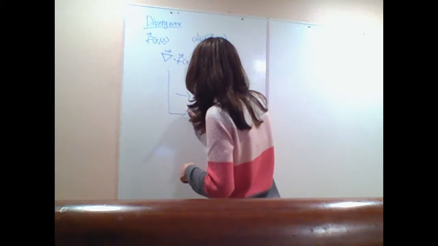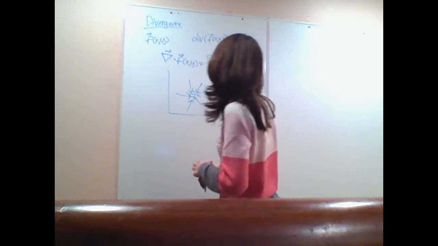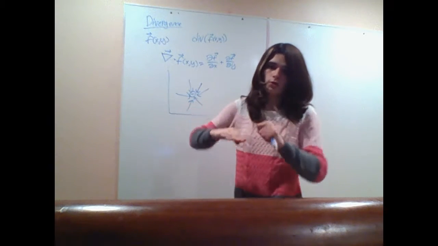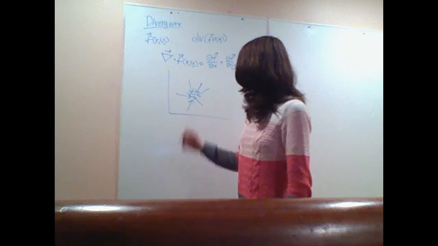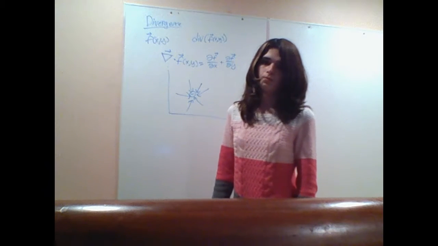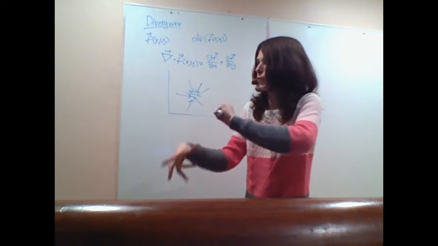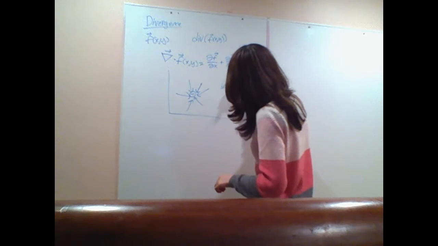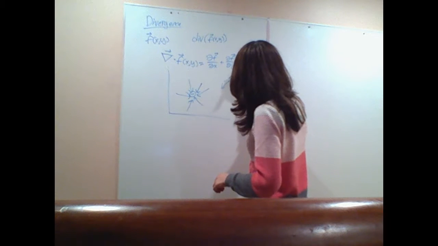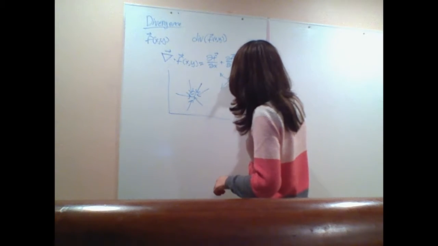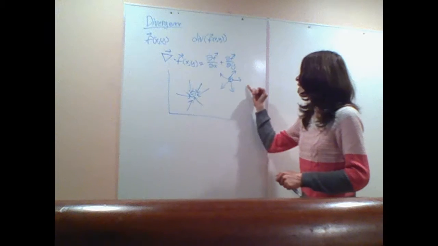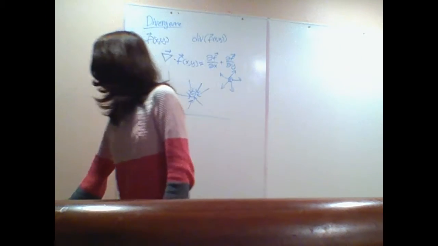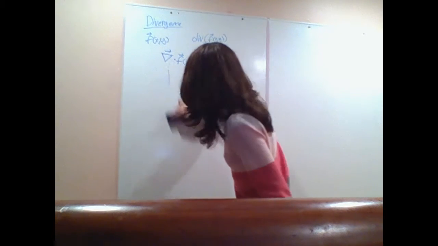So right here, the divergence is negative because the vectors are pointing inward, giving us a negative divergence. So it's going inwards towards a point P. However, over here, the divergence is positive because it's going away from a point. So that's how you can visualize it.